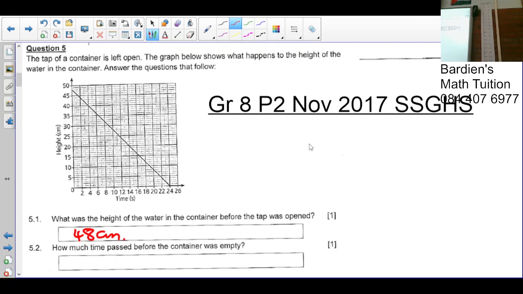How much time passed before the container was empty? 24. It's from there to there, not so? So it's going to be 24. Okay.